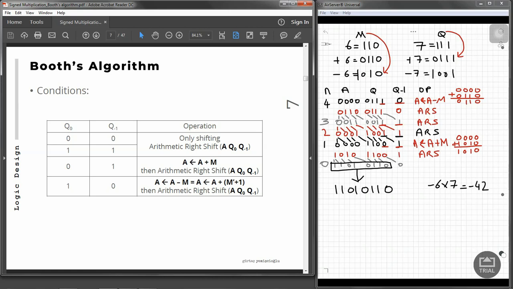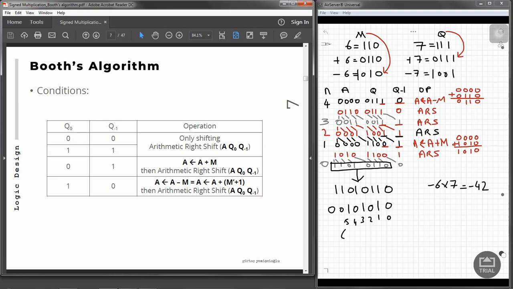So let's check. That is going to be 0. We are taking the 2's complement. So 1 0 1 0 1 0 0. Now, is this 42? So 0 1 2 3 4 5.